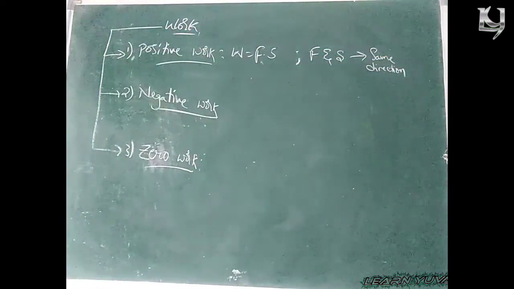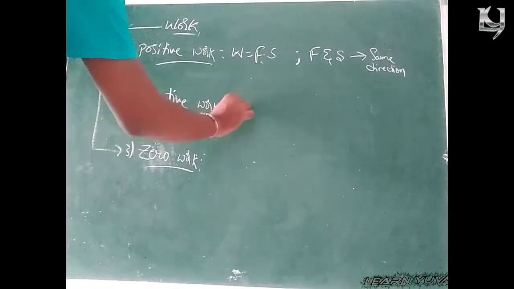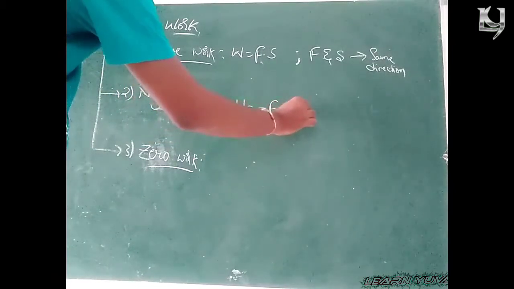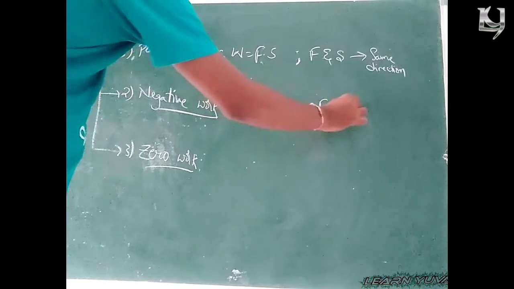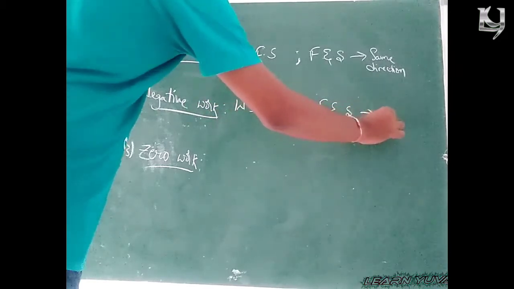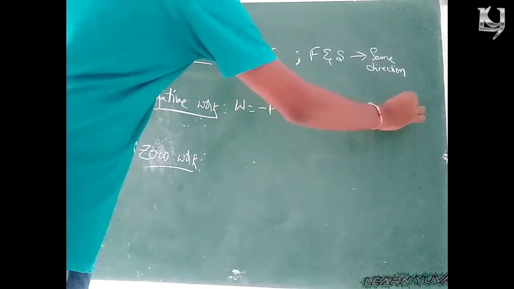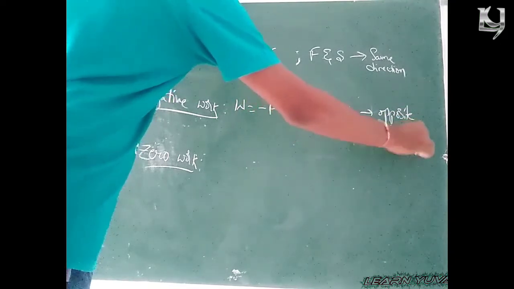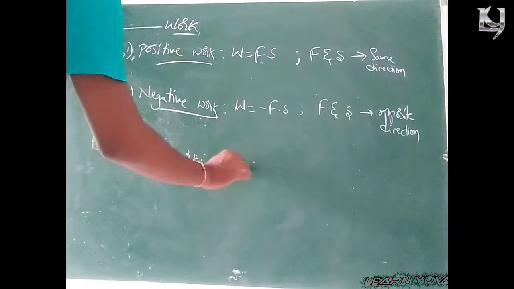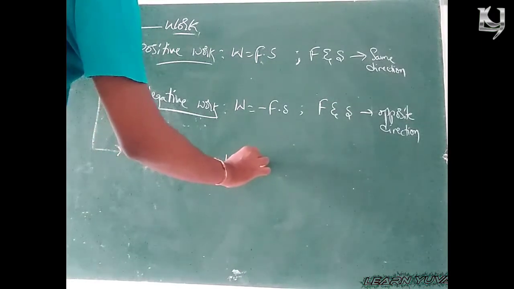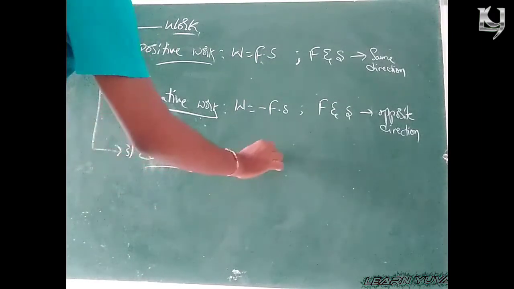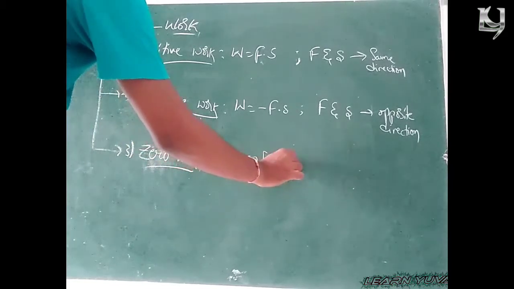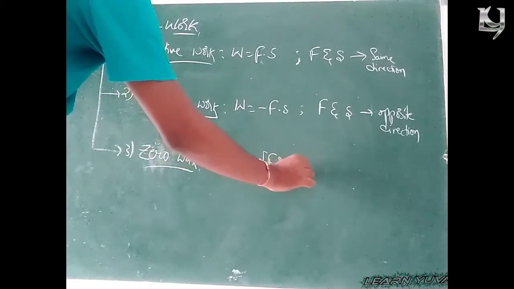Coming to negative work done, W is equal to minus F into S. Here F and S are in opposite directions. And in the zero work case, W is equal to 0 when F or S is 0.